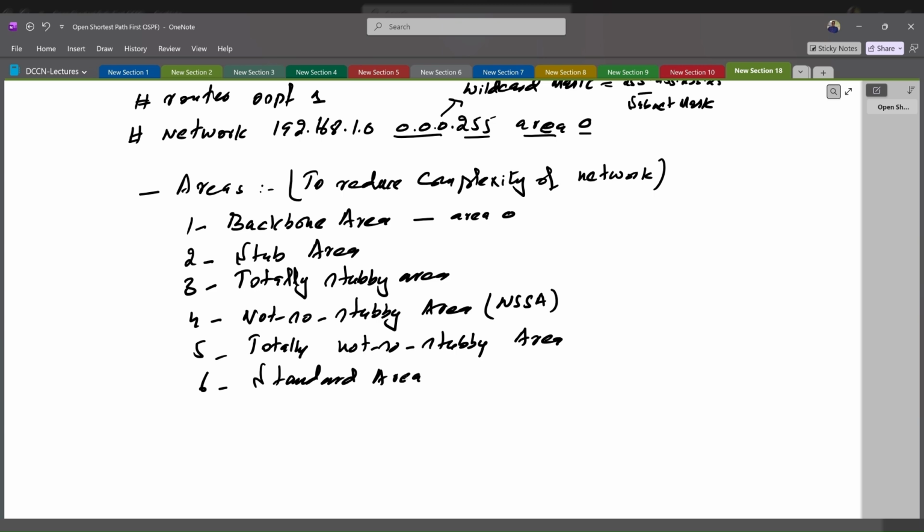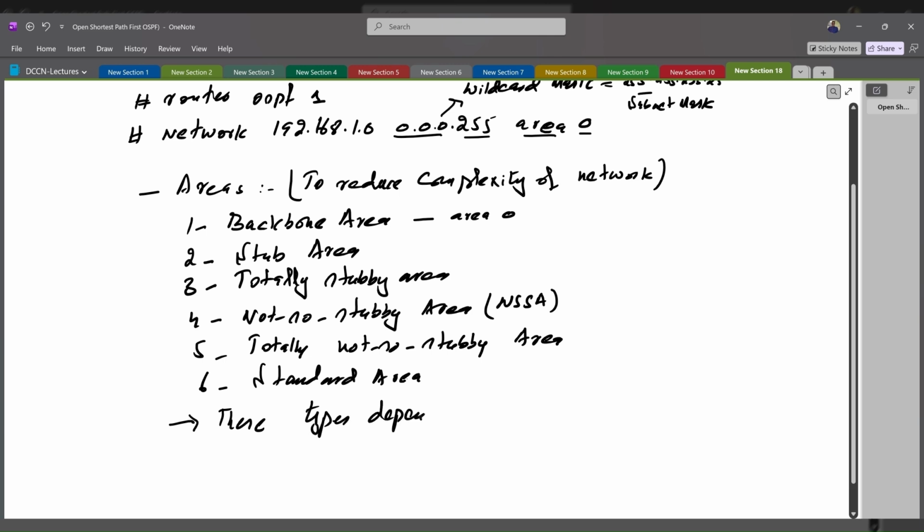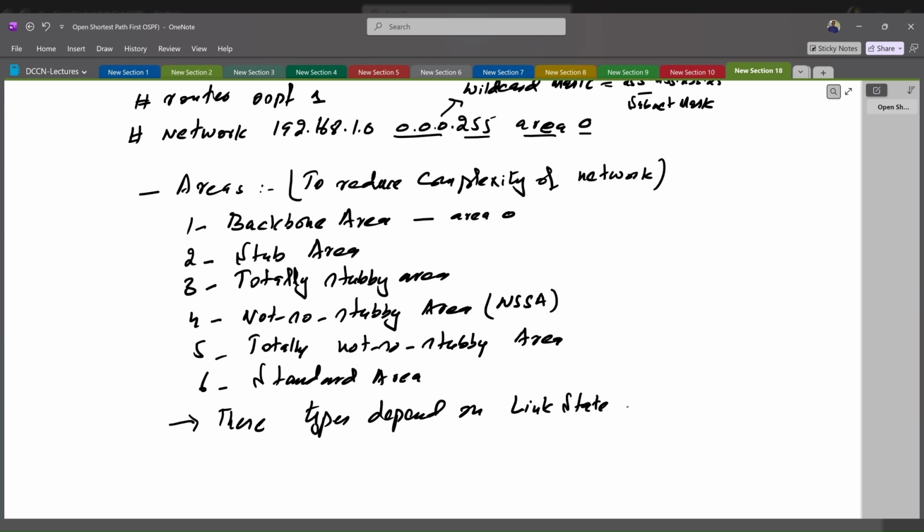And these areas can be understood only if we have knowledge of different types of link state advertisements. So these types depend on link state advertisements, also known as LSAs.